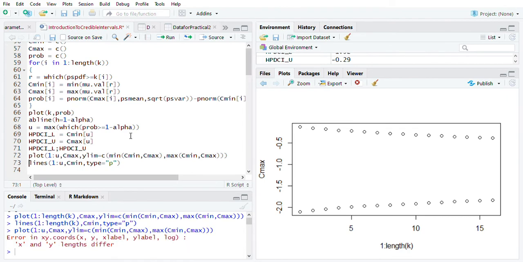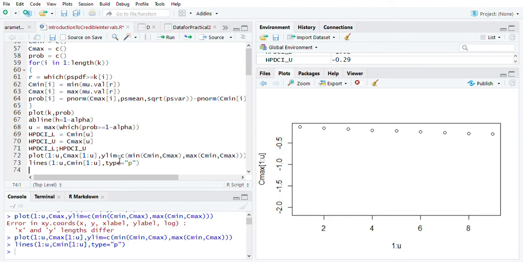So let us, for Cmax, I should say 1 to u. Similarly here. Now let us try plotting it. So do you realize the lengths are decreasing, right? The lengths go on decreasing.